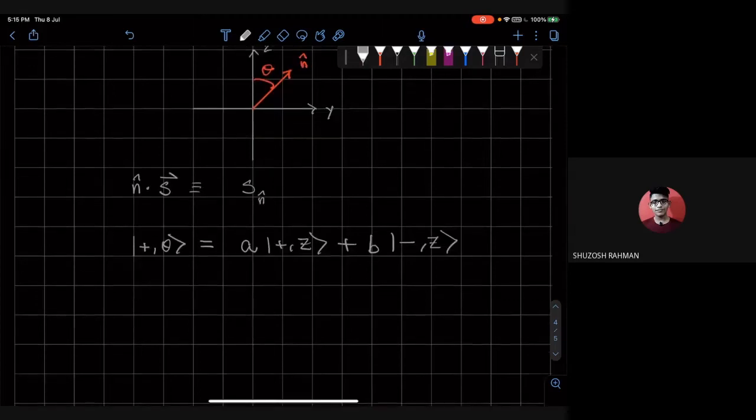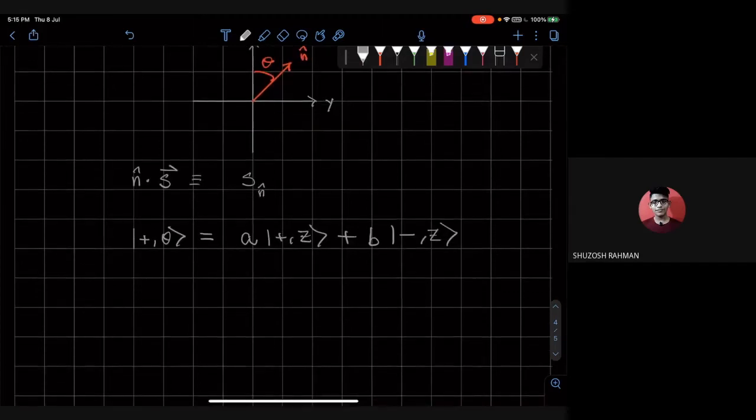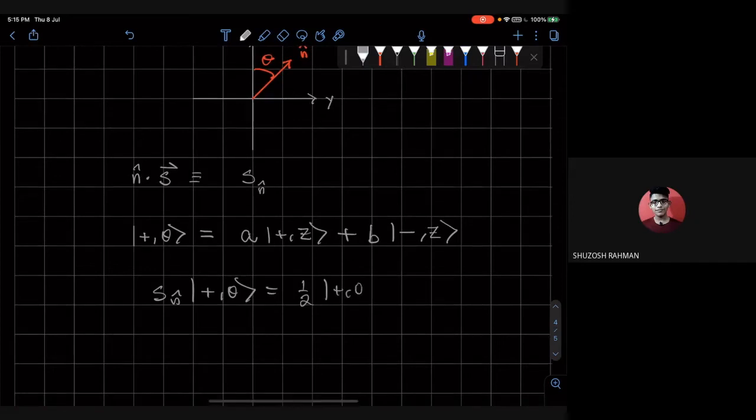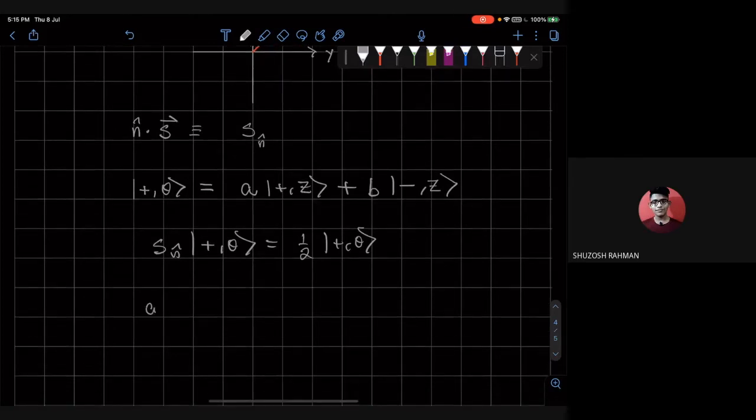Okay, and then we said, okay, we want S_n acting on |+,θ⟩ to be plus half |+,θ⟩, and this was an eigenvalue equation, and we solved it, and we found that A is cosine of theta by 2, and B is i sine of theta by 2.